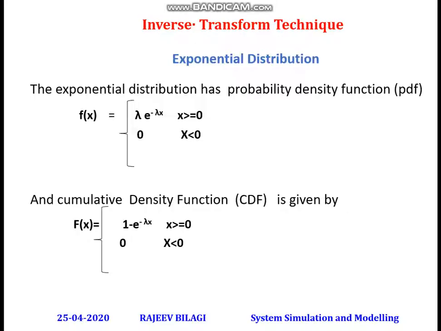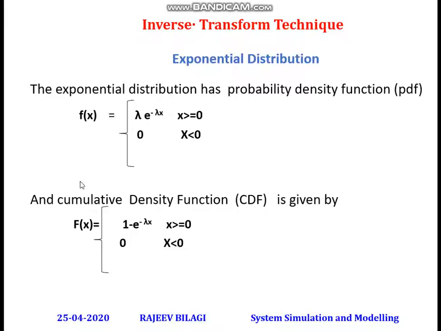Now the exponential distribution has the probability density function, that is PDF, small f of x equal to lambda into e to the power of minus lambda x, where x is greater than or equal to 0 and 0 when x is less than 0.